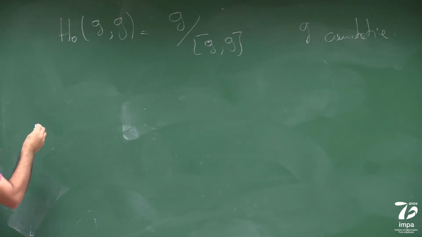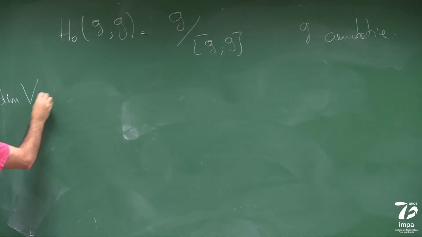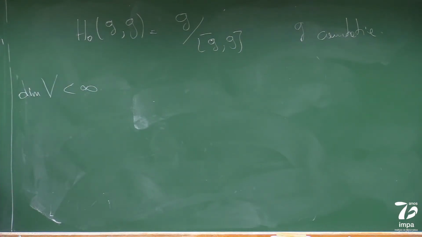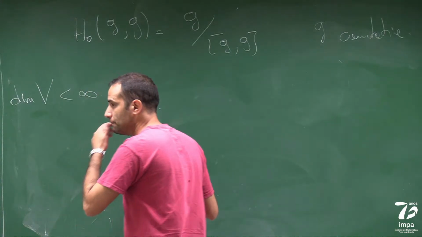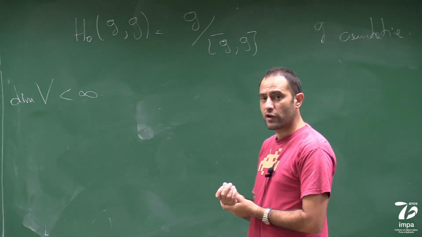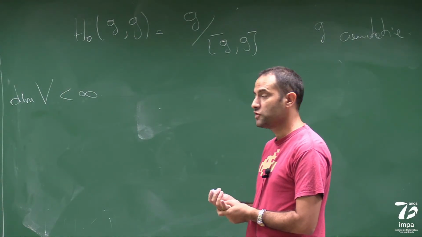So now let's suppose that V is finite dimensional, which I never used so far. But when V is finite dimensional, we have a non-trivial representation of dimension 1 of GLV.